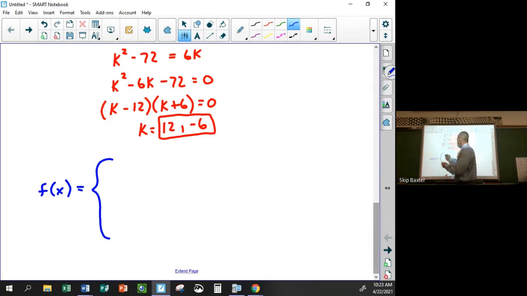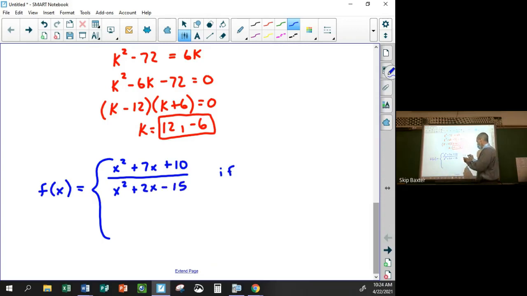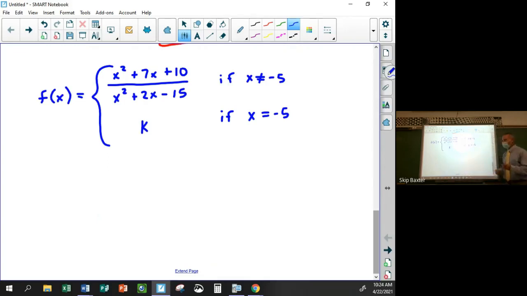Let's suppose the first piece is x squared plus 7x plus 10 over x squared plus 2x minus 15, if x does not equal negative 5, and it's k, if x does equal negative 5. And the directions here would say, find the value of k that makes this function continuous at negative 5.